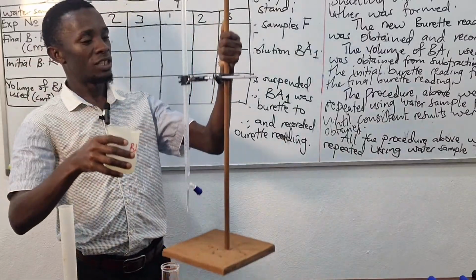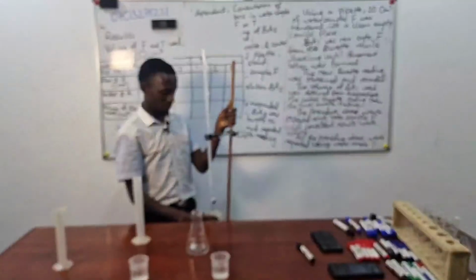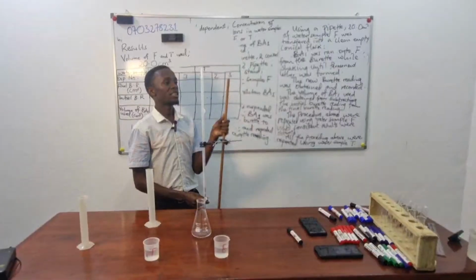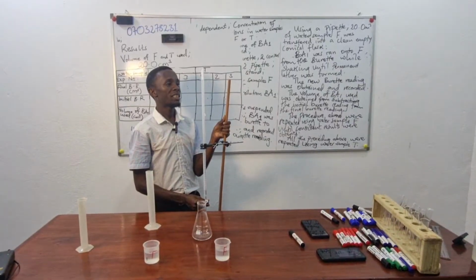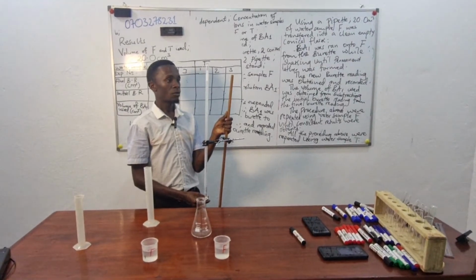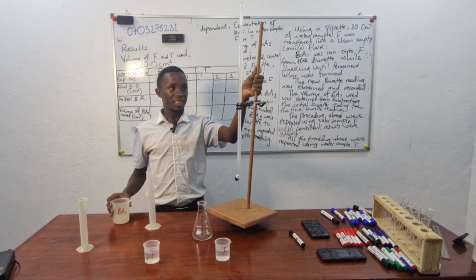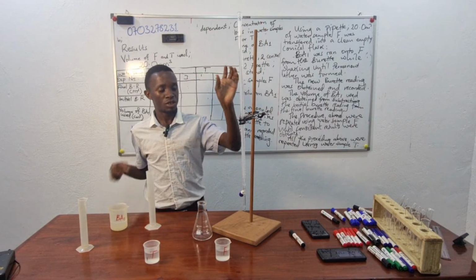So I've added it past the 0.0 cubic centimeter mark. I'll add just by opening the tap slightly so that it is at my 0.0 cubic centimeter mark.